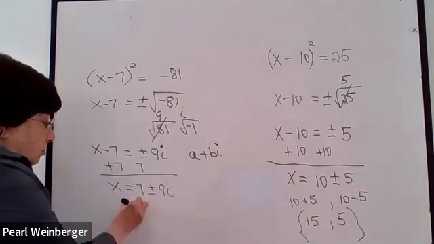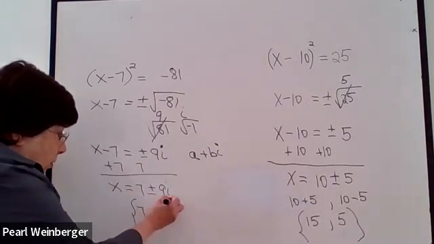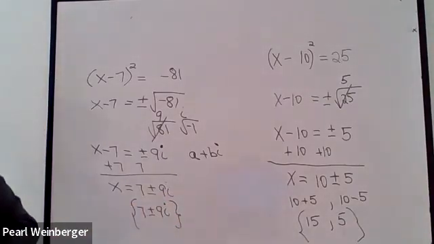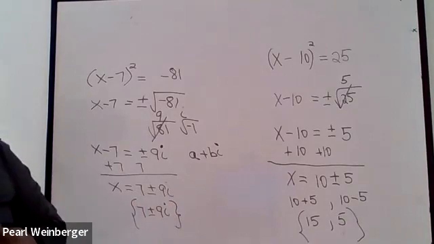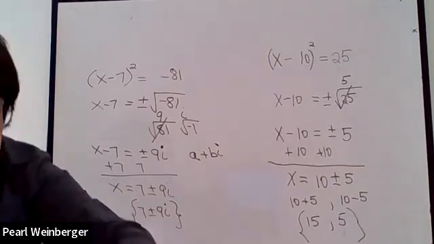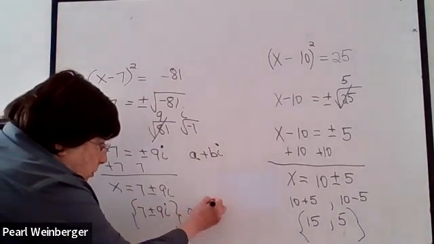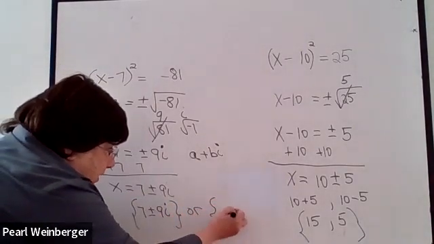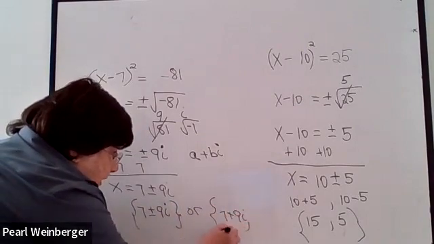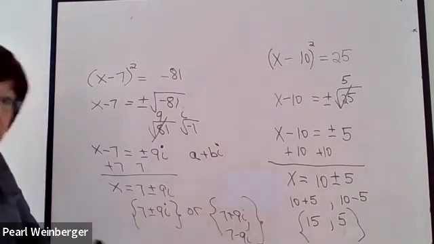You could leave your answer as 7 plus or minus 9i. Or if you wanted to, we could have written it separately as 7 plus 9i is one answer, and 7 minus 9i is our other answer.